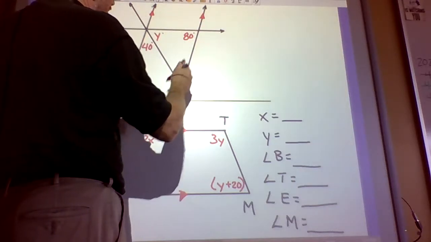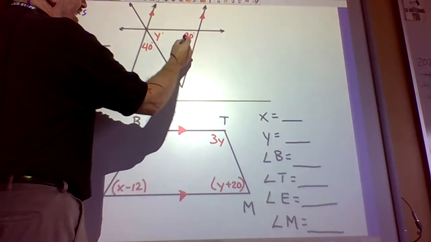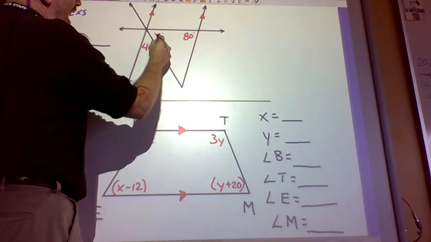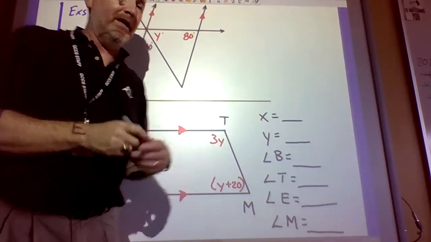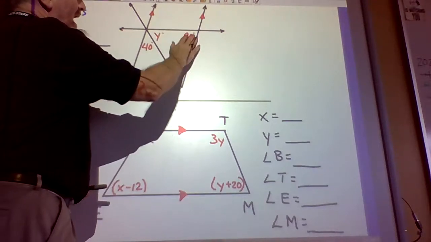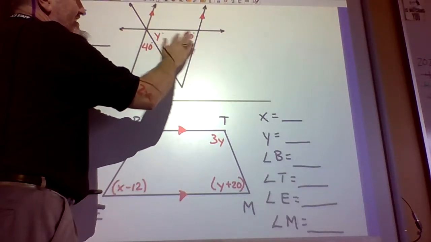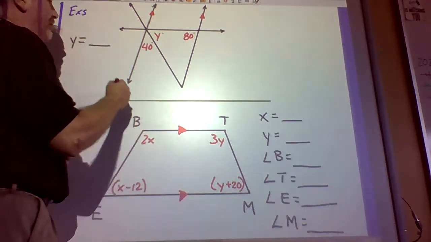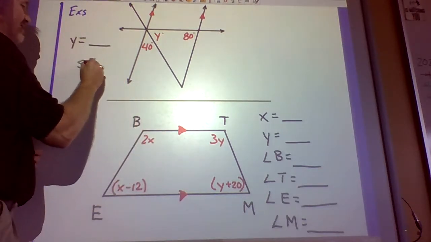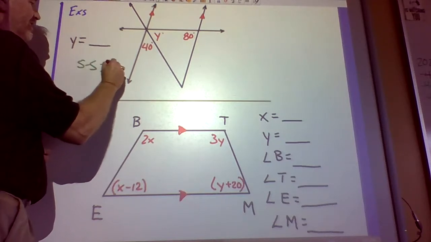And if I do, this 80, he's on the same side as this y and 40 combined. Not just with the y, not just with the 40, but the y and the 40 combined has a same side interior relationship with 80, right? And again, that's the weird one. I'm going to call it SS int, same side interior.